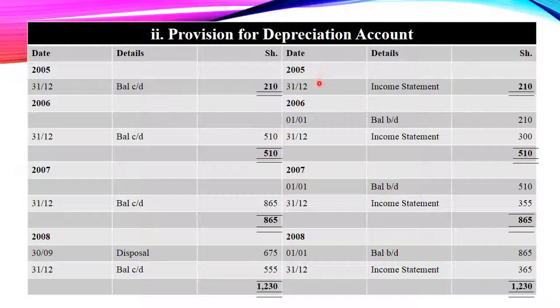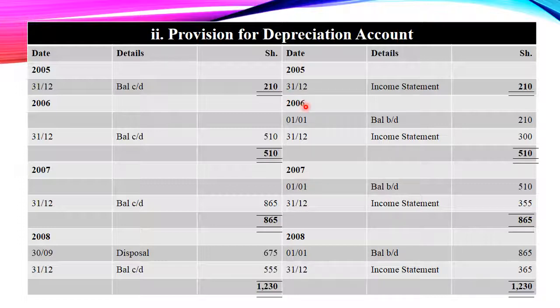So in 2005, on 31st of December, the amount that will be debited in the income statement will be the total depreciation for 2005, which we got as 210 shillings. To balance off the account as at 2005, we are going to carry down the figure of 210 and we balance it off as at that.